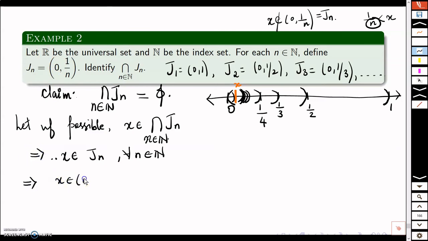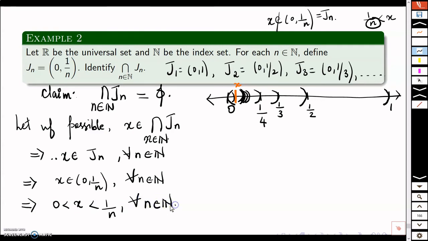So this implies x belongs to the open interval 0 comma 1 by n for every natural number n, and a point x is coming in an open interval. This means it must be lying between 0 and 1 by n for each natural number n, right? Now what does this mean?